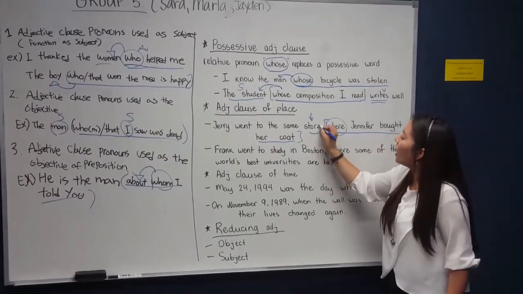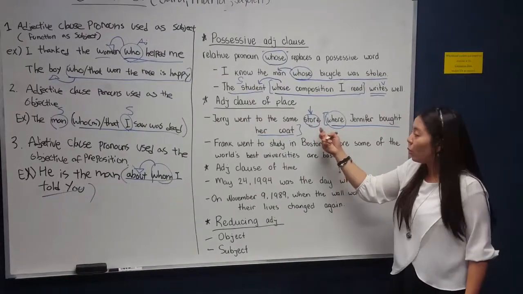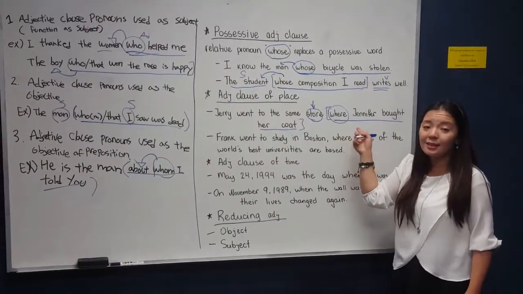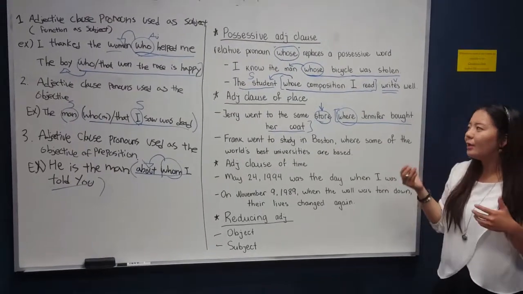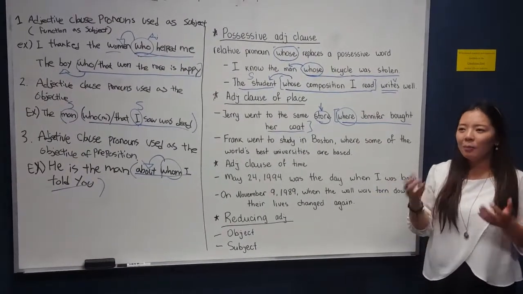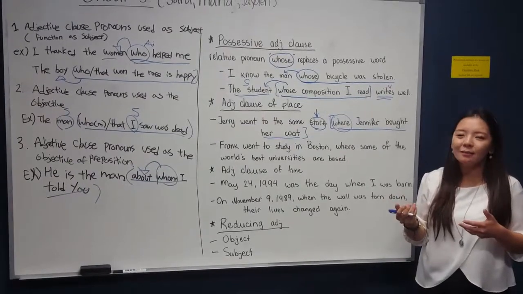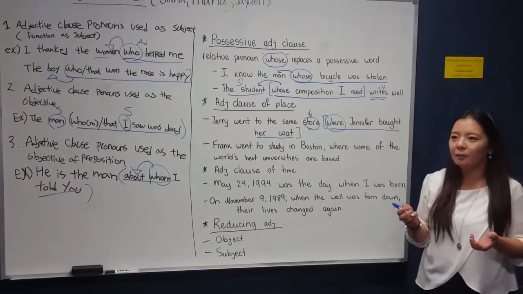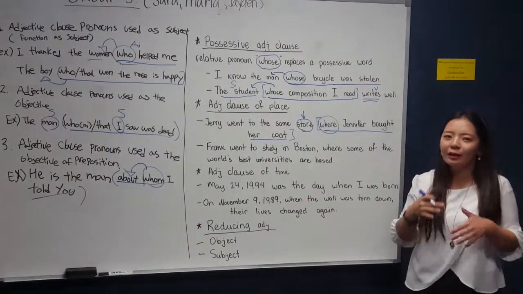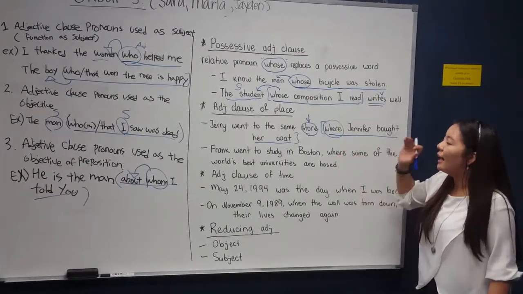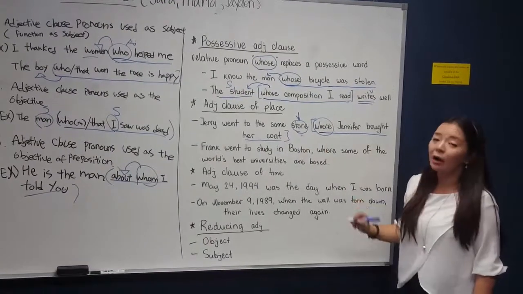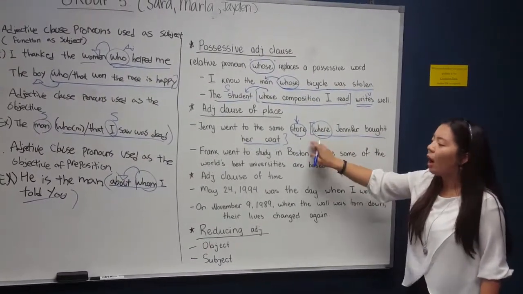Since we are talking about a place, store, we use where instead of that. We can still use that, but it doesn't flow as easily. In this case, it is identifying the noun, so we don't use a comma here.